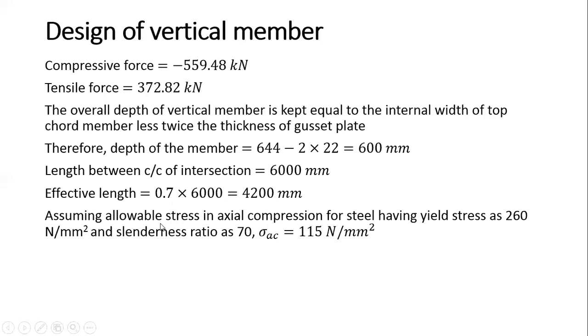Now, assuming the allowable stress in axial compression as 260 MPa and slenderness ratio 70 as 115. Why do I choose 70 here? Slenderness ratio for rolled steel sections generally lies from 70 to 90. So I took a minimum value here, 70. This is on the safer side.